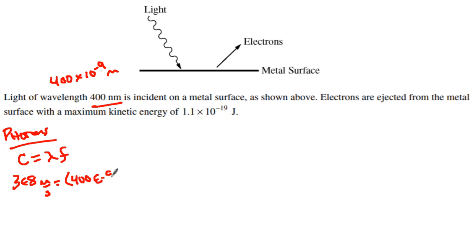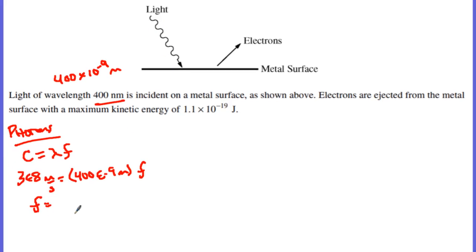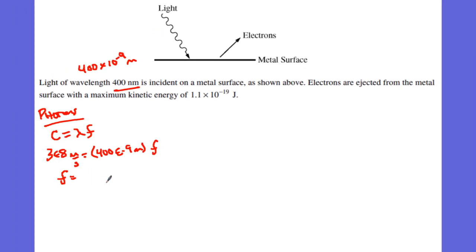Then I can just divide to find my frequency. Try this in your calculator along with me. The frequency of this light is going to be 7.5 times 10 to the 14th hertz, or per seconds.